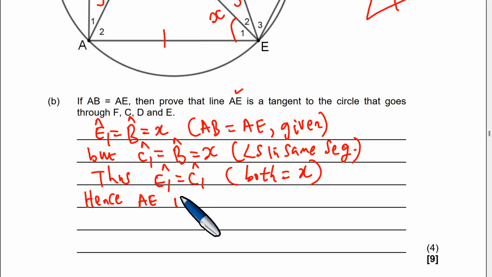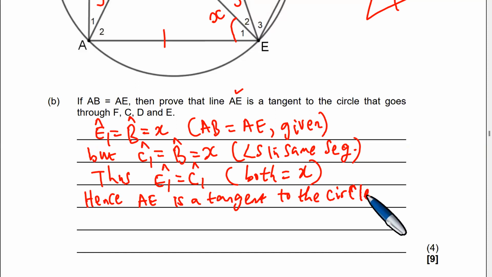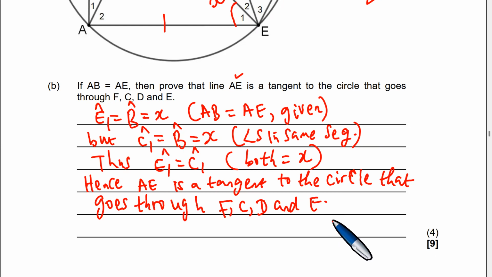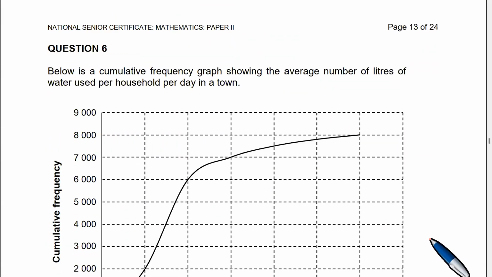Hence AE is a tangent to the circle that goes through F, C, D, and E. Okay. Next. So we have achieved this one for Thomas. Next question.